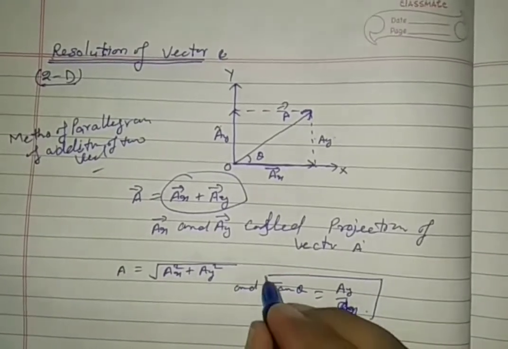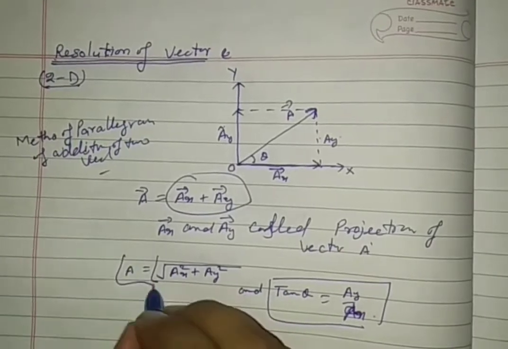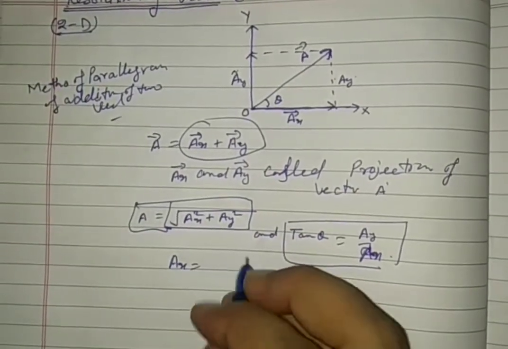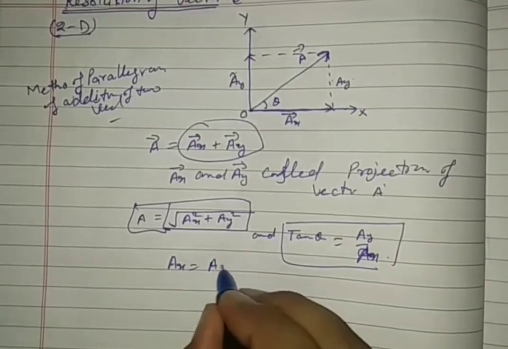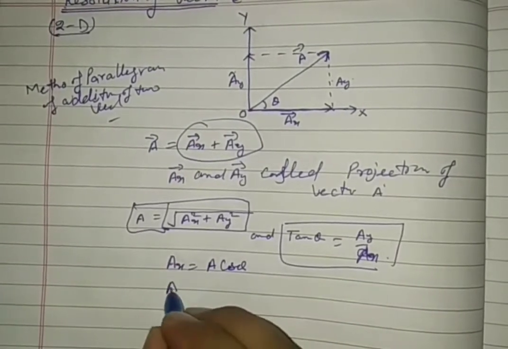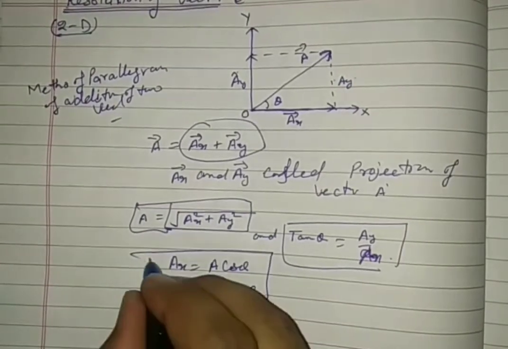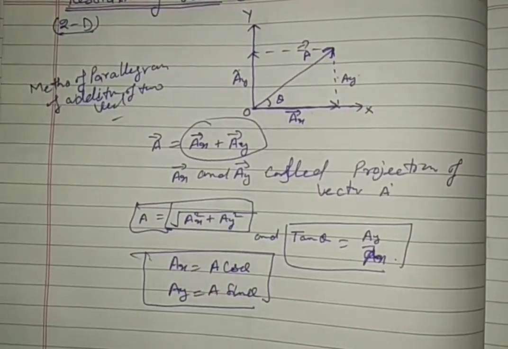See, these two formulas are used here. Mathematically, Ax is called A cos theta and Ay is called A sin theta. The trigonometrical components are here.